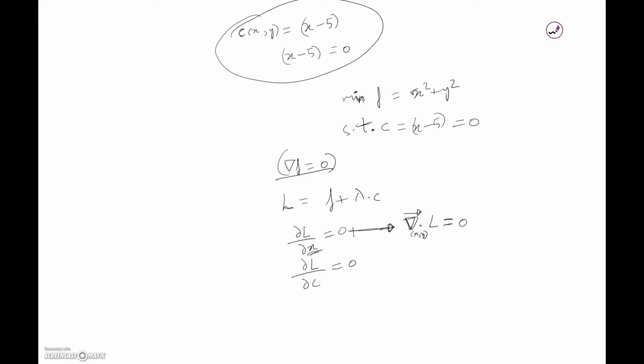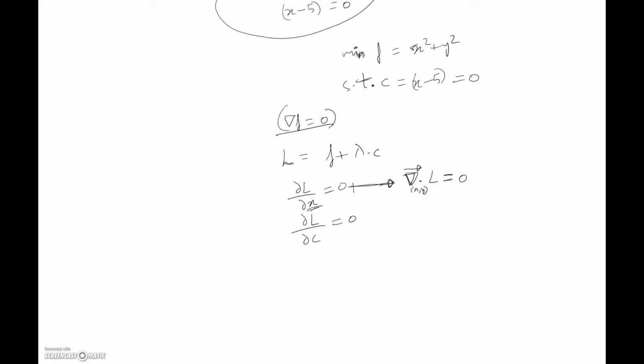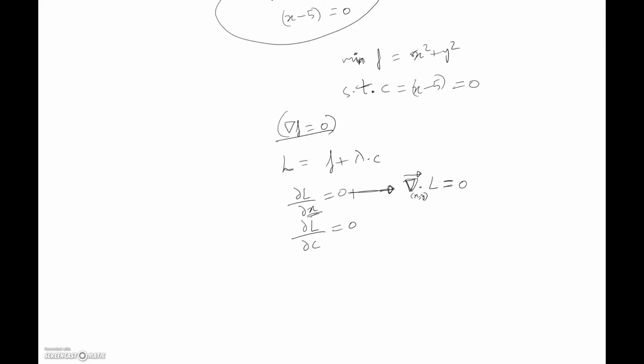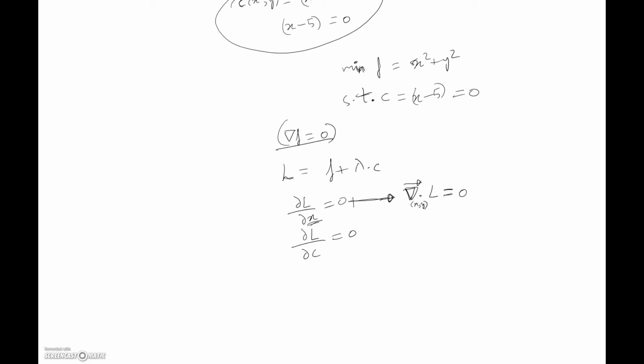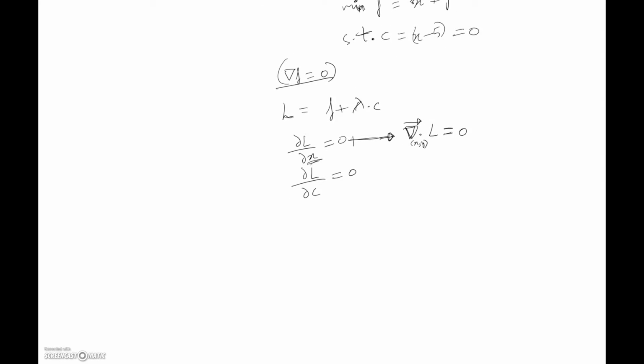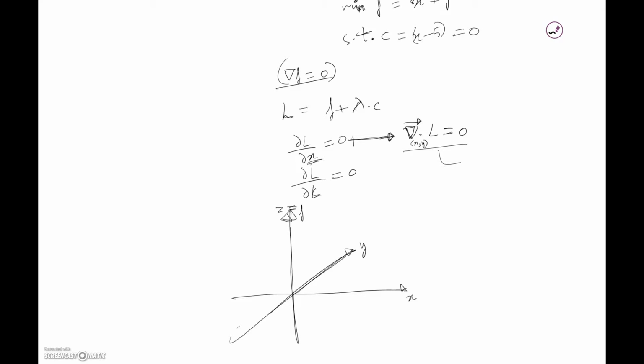Right. So what's the intuition behind this? Let's go back to the drawing board. You have your x-axis here, y-axis here, and you have your function f here, which we are calling z equal to f. And what does del dot L equal to 0 mean?